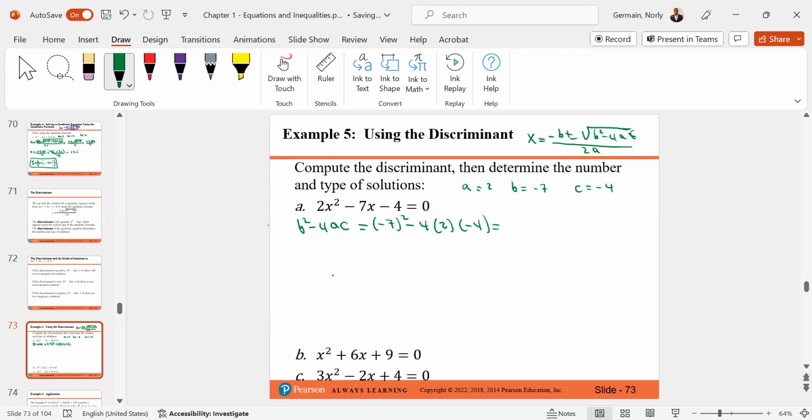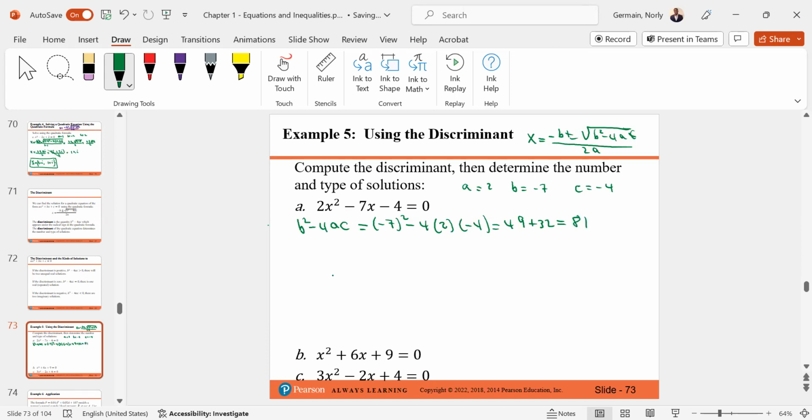So the discriminant is 49, plus 4 times 2 is 8, times 4 is 32. We add because two negatives in multiplication become positive. So 49 plus 32 gives you positive 81.